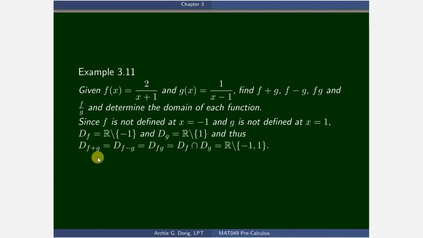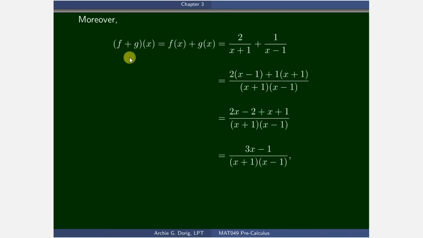Thus, the domain of their sum, the quotient, and the product is equal to the domain of f and the domain of g. So it's just equal to the set of all real numbers except negative 1 and positive 1. Okay, moreover, the sum of the function.